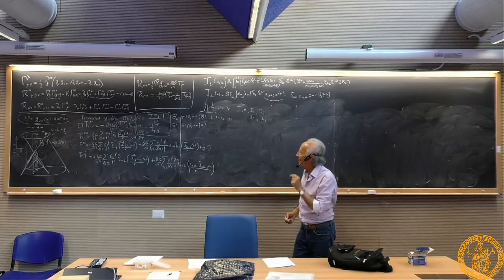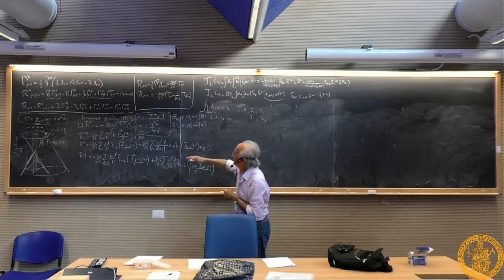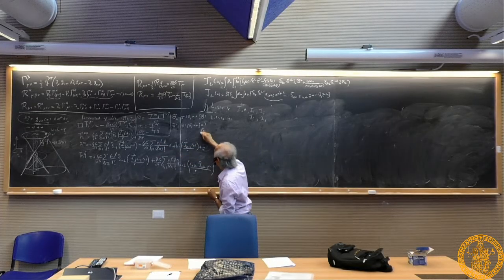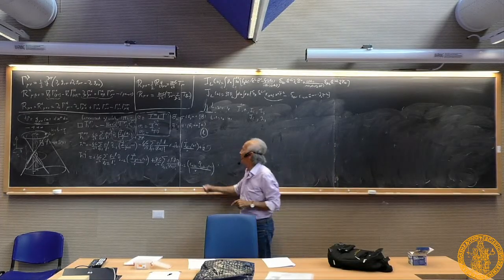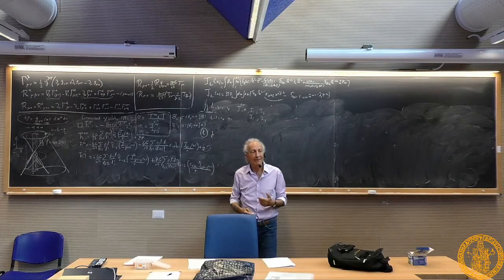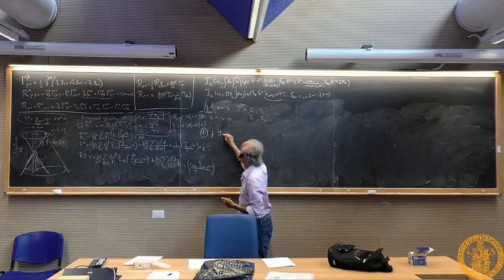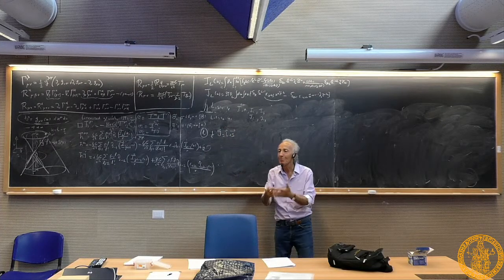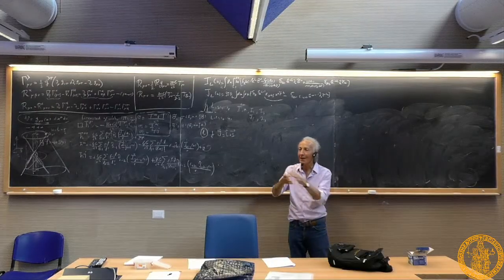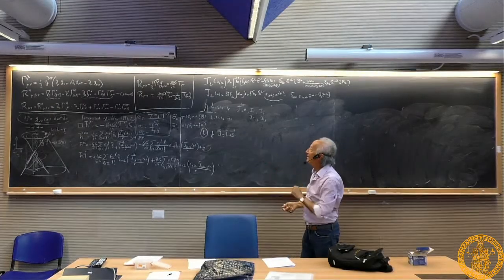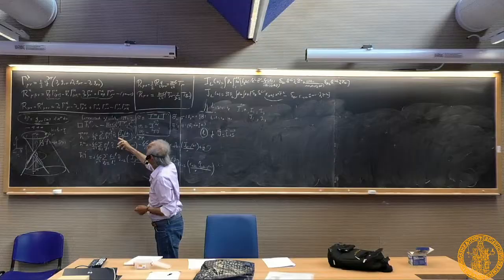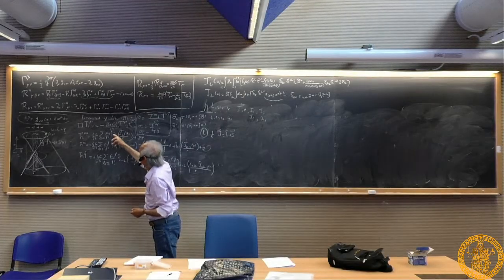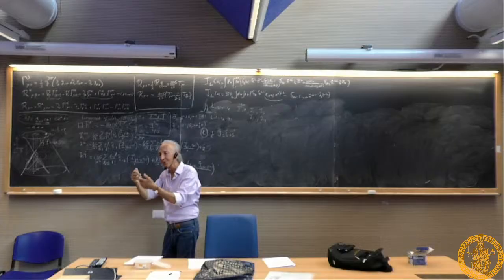And just the last remark, although it's traditional to call these things L, actually, in the sense of quantum mechanics, this should be called J. You know that in quantum mechanics, you say that J equals L plus S. The total angular momentum of the system is the sum of the orbital and the spin. And this L is really a J, because what would be the orbital thing would be the fact that I have derivatives with respect to the angles here.